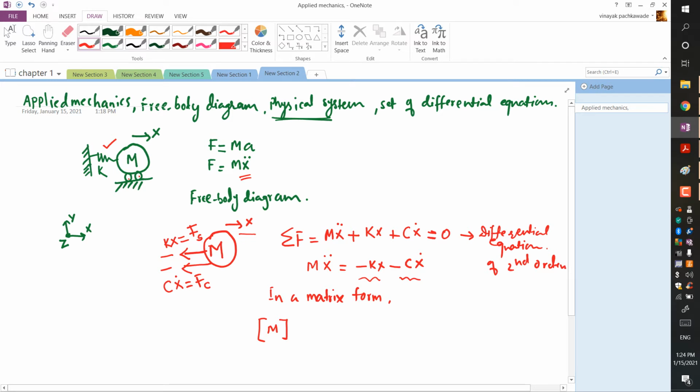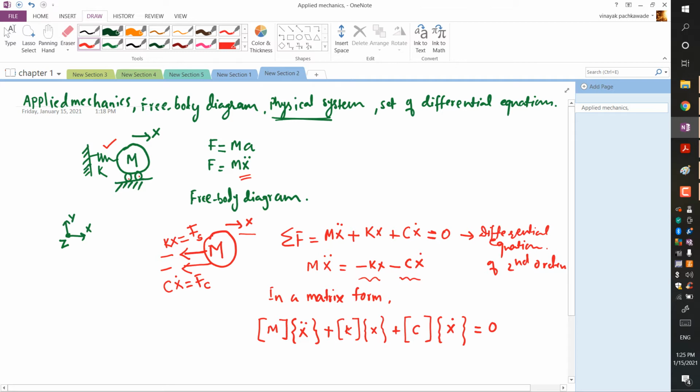Alright, we can write this in matrix form: the mass matrix times x double dot, plus the stiffness matrix times x, plus the damping matrix times x dot, and that equals 0.